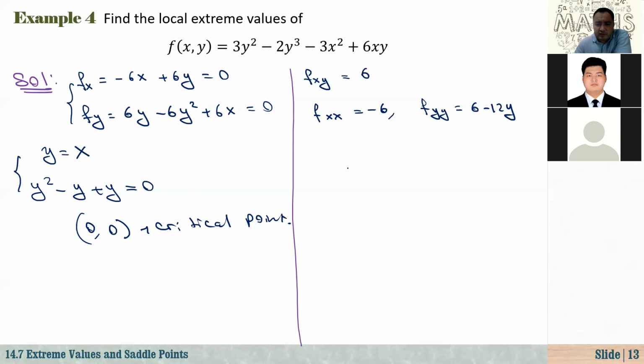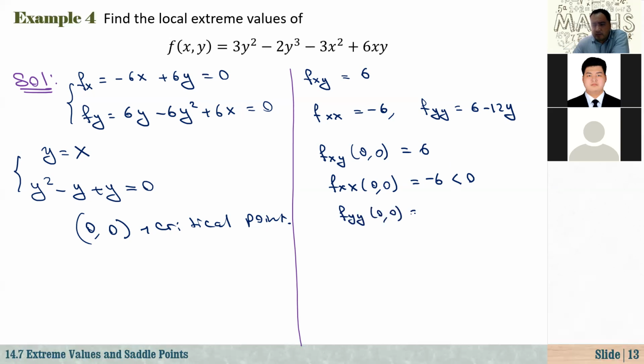And at 0, 0, at the critical point, we can just evaluate this. fxy at 0, 0 is equal to 6. fxx at 0, 0 is equal to minus 6, that is less than 0. fyy at the critical point is 6 minus 0, it is 6.